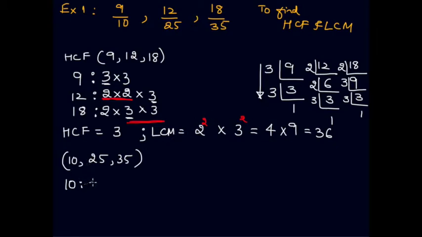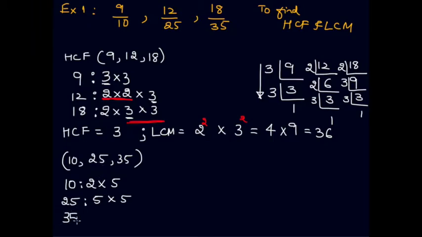So for 10, let's start by 2 times 5. 25 gives us 5 times 5. Notice that 25 is not an even number. So the next you can try is 3, but 25 is not divisible by 3. So the next one you have to try is 5. 5 divides 25 quite easily.